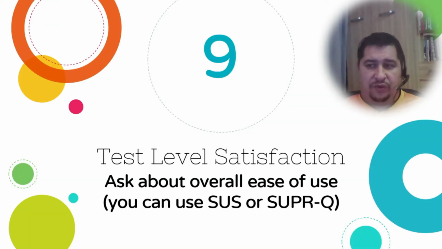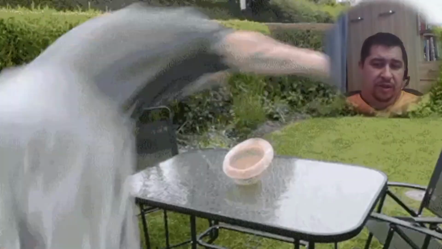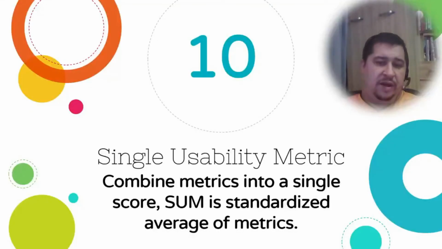I'm going to metric number 9, which is to test the level of satisfaction and ask about the overall ease of use. Later on, I will talk about questionnaires, and I will mention SUS and SUPR-Q. The next one is the single usability metric.